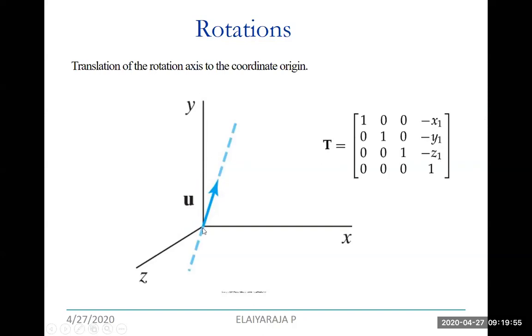So you bring the translation of the rotation axis to the coordinate origin. The translation with respect to the x, y and z coordinate values is written like this: 1 0 0 minus x1, 0 1 0 minus y1.